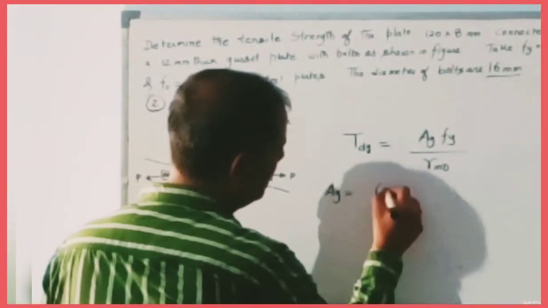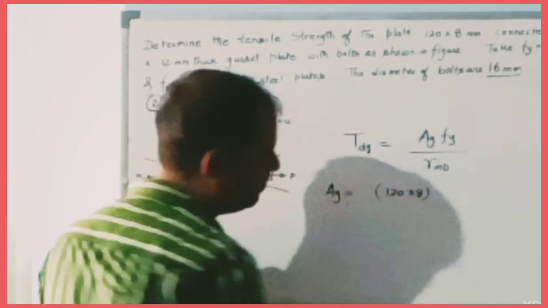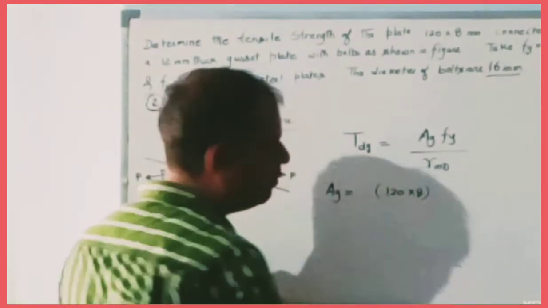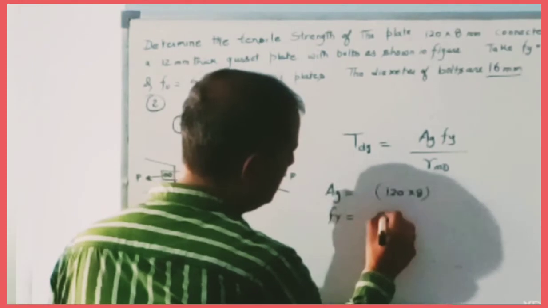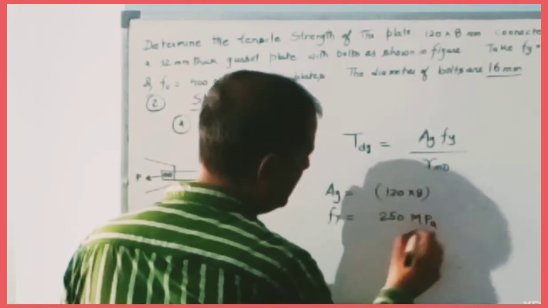What would be the area? It would be 120 into 8 mm, the width and the thickness. So gross area will be 120 into 8. Fy is given in the question itself, it is 250 megapascal.